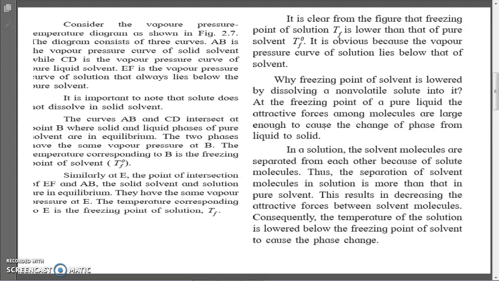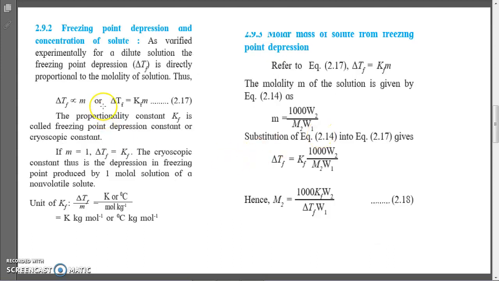Thus, the separation of solvent molecules in solution is more than that of the pure solvent, and this results in decreased attractive force between solvent molecules. So the temperature of the solution is lowered below the freezing point of the solvent to cause the phase change. Means the freezing point of that solution can be lowered by addition of the non-volatile solute.